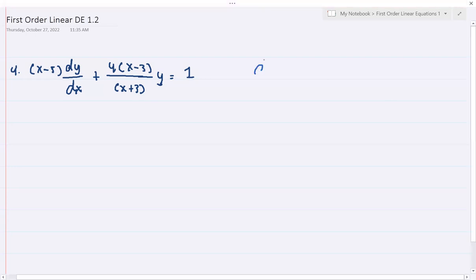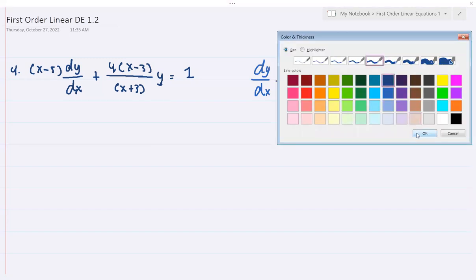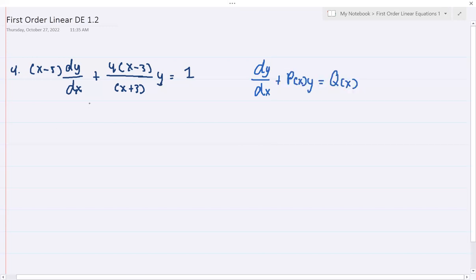Remember that the standard form is dy all over dx plus p of x times y is equal to q of x. So in here, we're going to basically divide both sides by x minus 5.